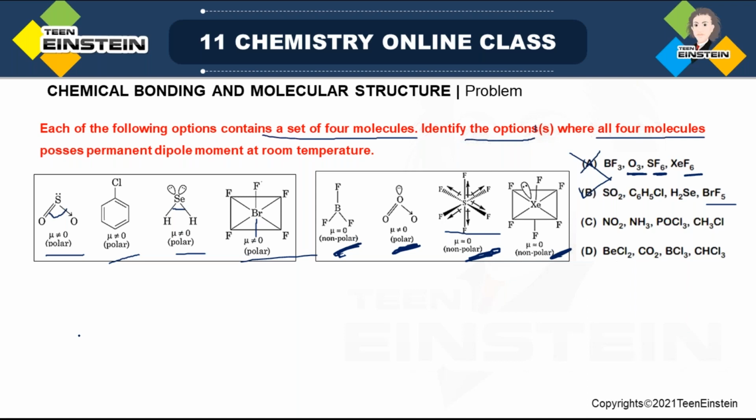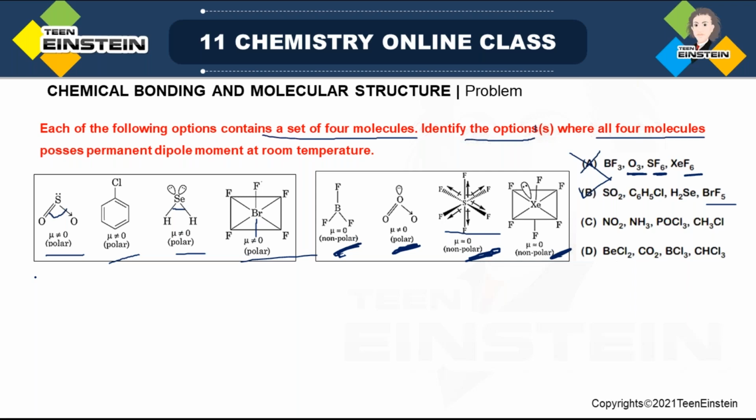Okay. One thing I would like to mention that here, if you are thinking how to decide that SO2 is angular or O3 is angular or BF3 is trigonal planar, that answer basically you can give only after learning VSEPR theory. So that will probably start in the next class.